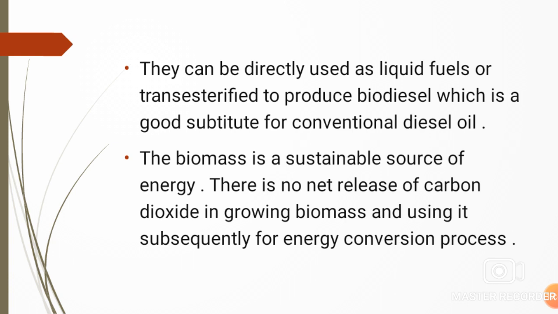And after producing this biomass, when we process it, there is also no emission of any harmful gases in a large quantity when using it subsequently for the energy conversion processes. So this is all about the different conversion routes which help us obtain energy from the biomass.